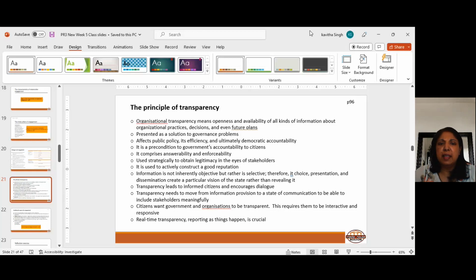The same goes for organizations. These days, organizations are tasked to be more transparent in terms of the way they communicate, the way they report information. I've mentioned a few times the King report, and a company that's listed on the Johannesburg Stock Exchange needs to adhere to the guidelines of the King report.